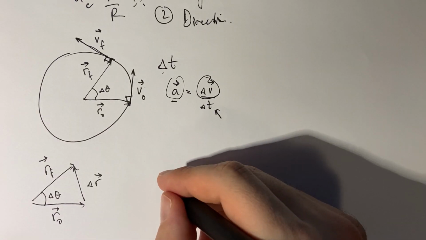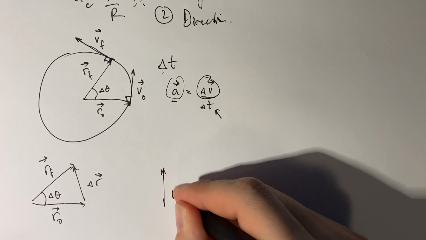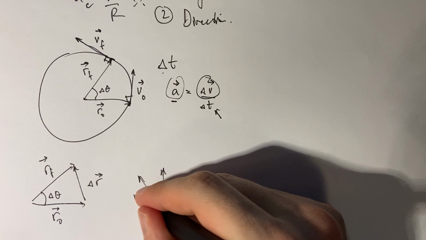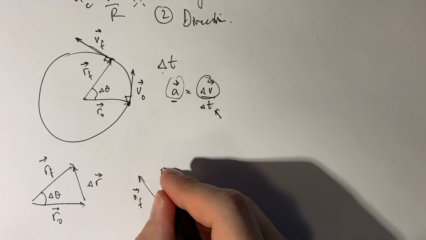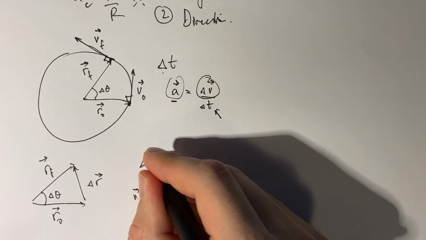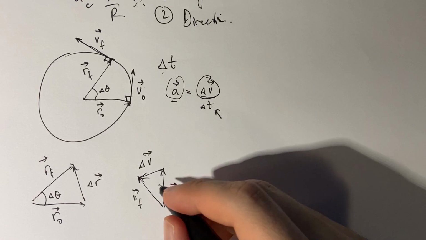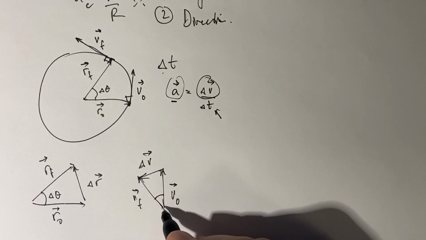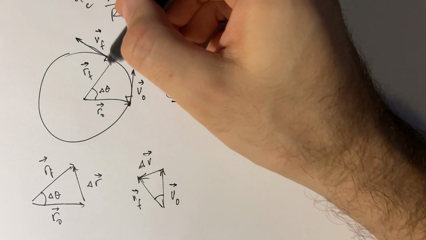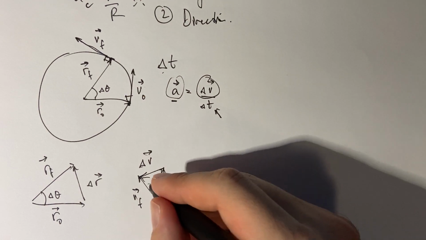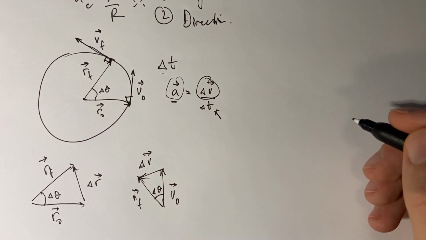Then we have the other triangle, which is the initial velocity vector here, the final velocity vector here, and the delta v, the change in velocity vector. And this angle will actually, because these two vectors are perpendicular to each other, also be delta theta.